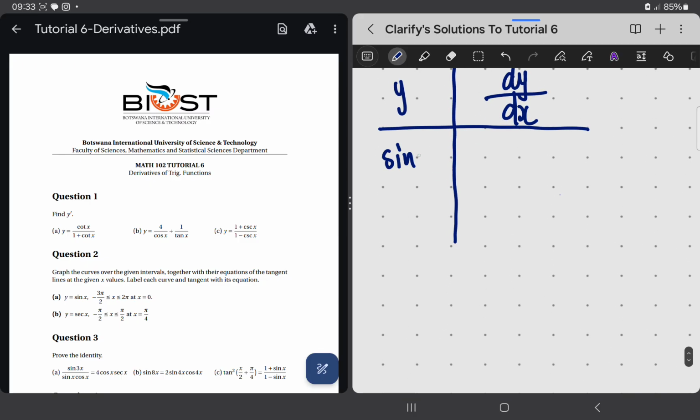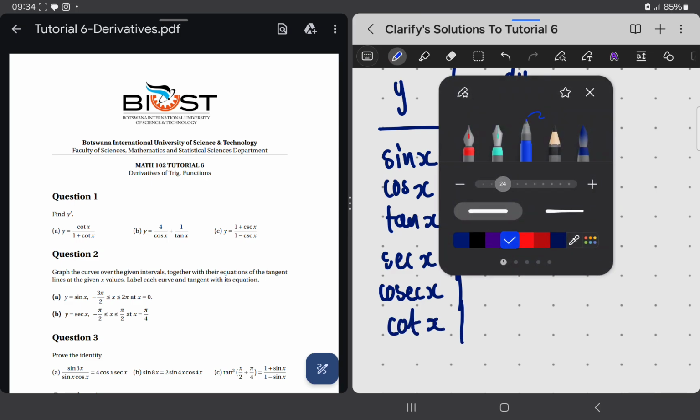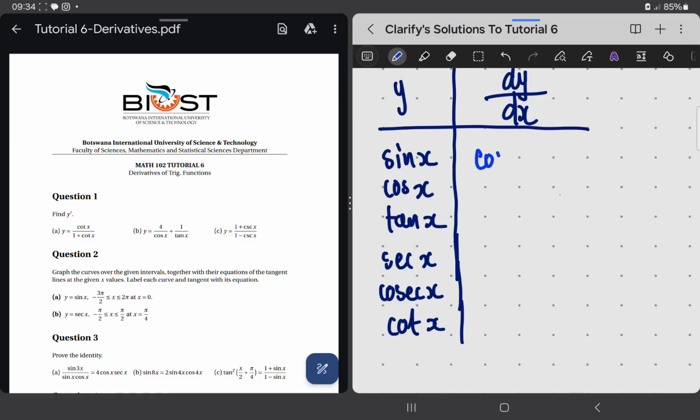We start with sine x, then cos x, then tan x, then sec x, then cosec x, which we can write as CSC, then cot x. Now we want to know what the derivatives of these are. What is the derivative of sine? It's cos x.